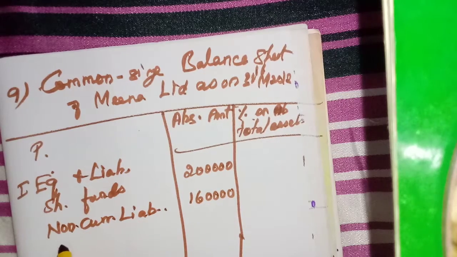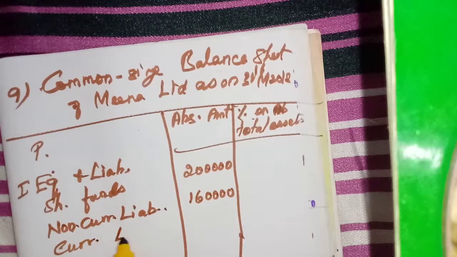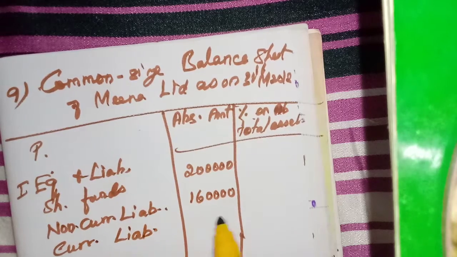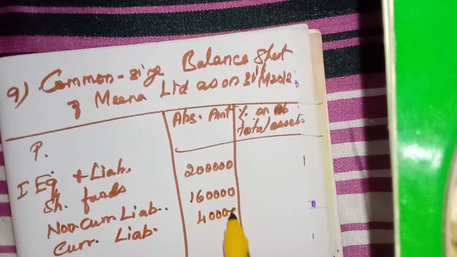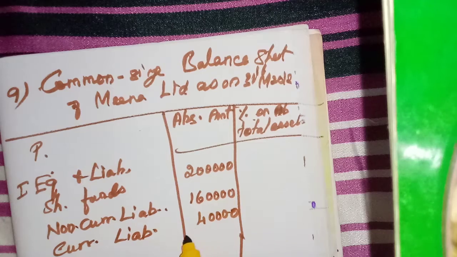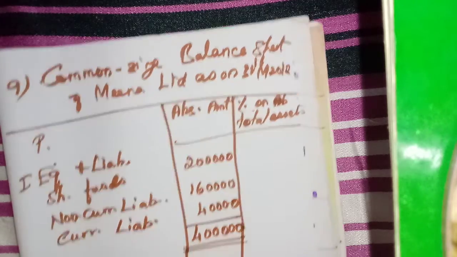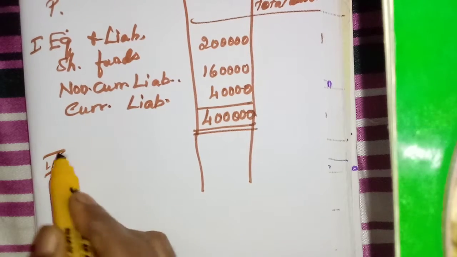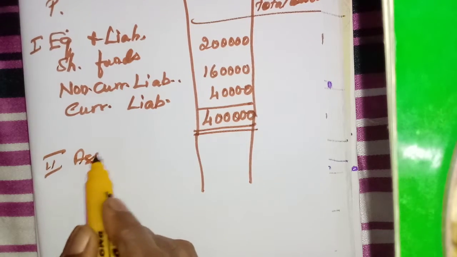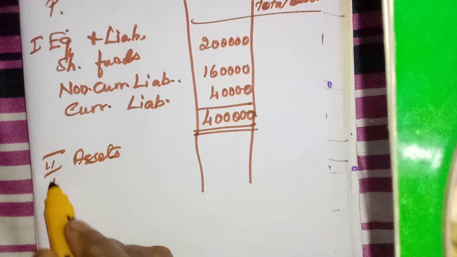Then current liabilities 40,000. Then we need to write what is given there, you have to write as it is. Okay, 4 lakh. Okay, draw double line. Then write number 2, assets, non-current assets.